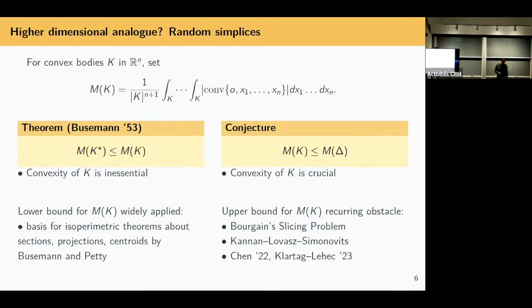And there are actually quite serious breakthroughs. I think you had a series of lectures or a lecture by Yuansi Chen, who made progress on one of these problems coming from high-dimensional statistics or a different field. And very recently, Klartag and Lehec made progress on the constants in Bourgain's slicing problem.